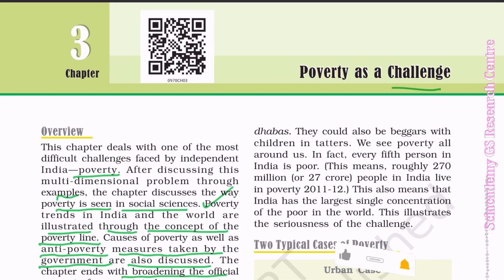They could also be beggars with children in tatters. We see poverty all around us. In fact, every fifth person in India is poor. This means roughly 270 million people in India live in poverty as per 2011 census.